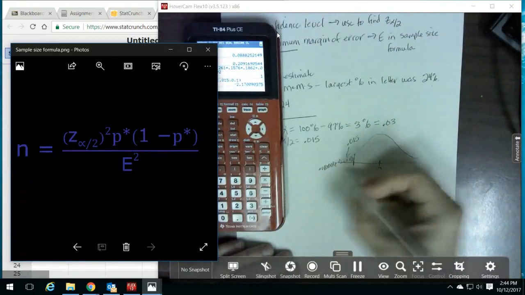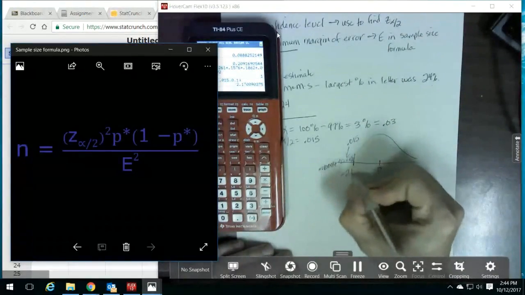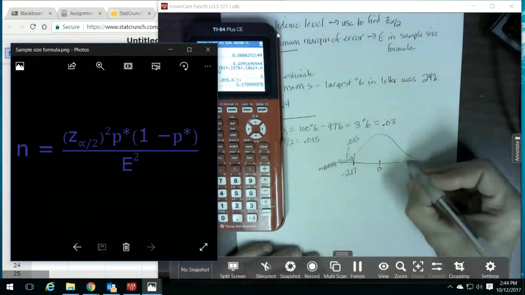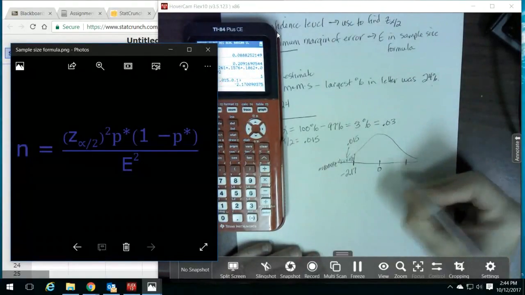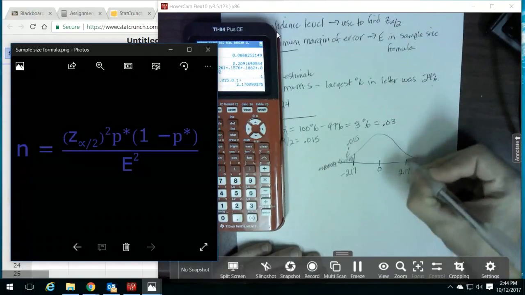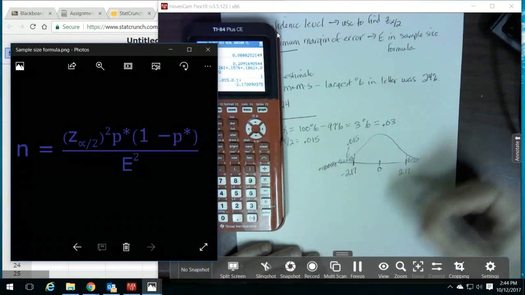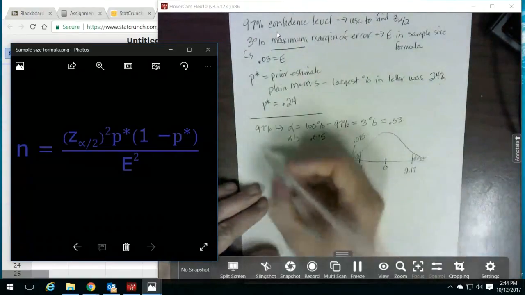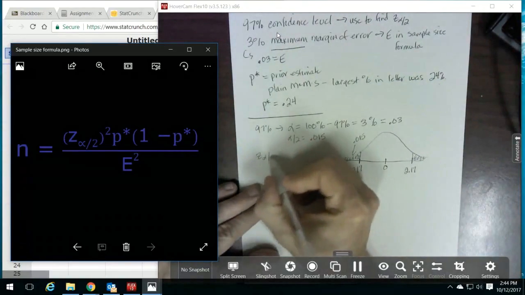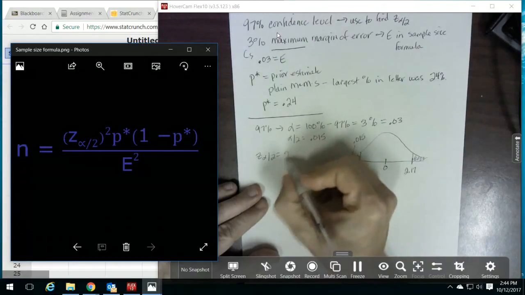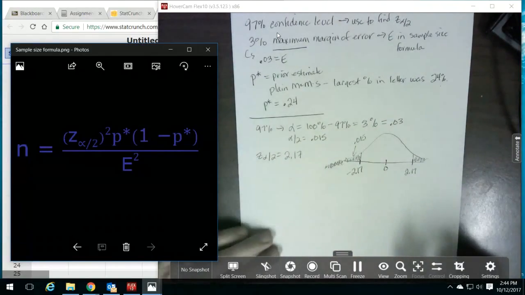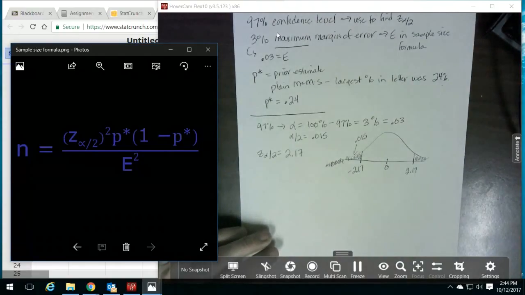So that means my number over here rounded to 2 decimal places is negative 2.17. I have another one on this side that would be positive 2.17. So that gives me my z alpha over 2 of 2.17. Now I'm going to use my formula over here.